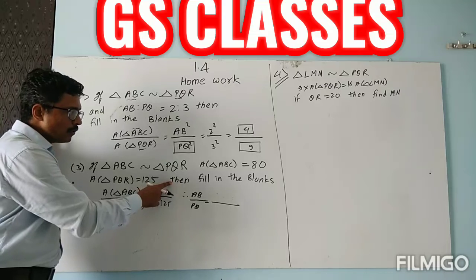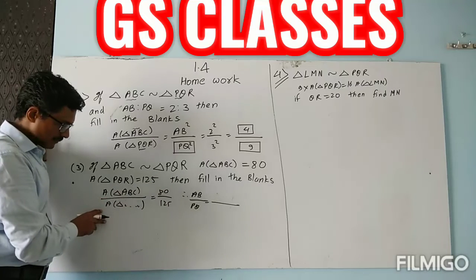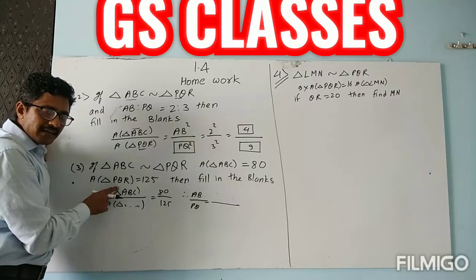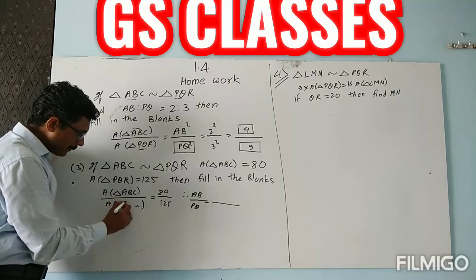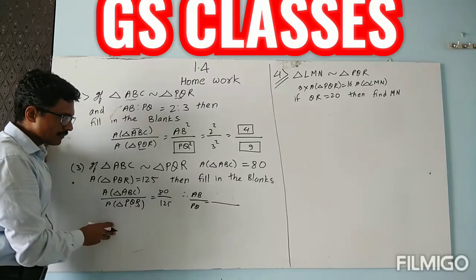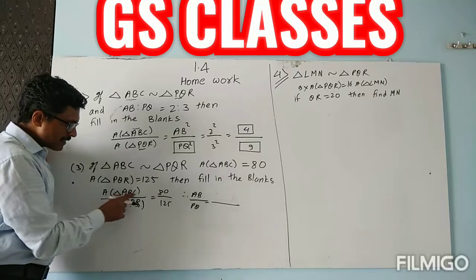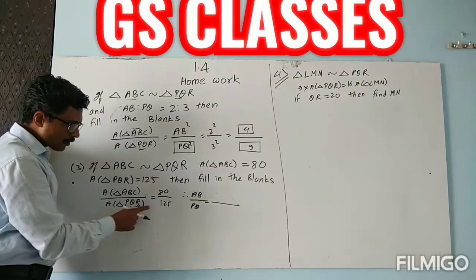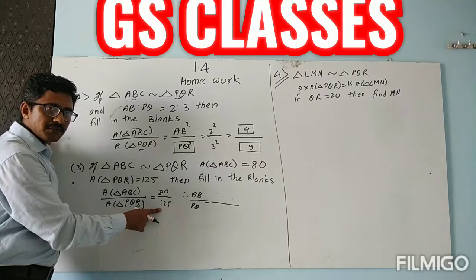Now they are asking you to fill in the blanks. Here they have taken the area of triangle ABC, here it will be PQR. Now ABC is 80 and PQR is 125.